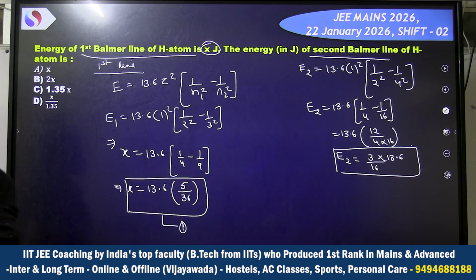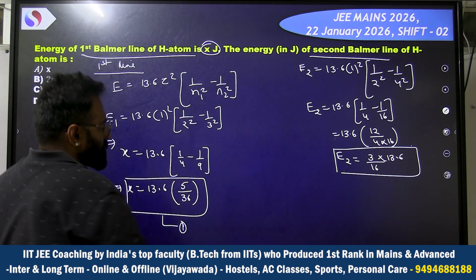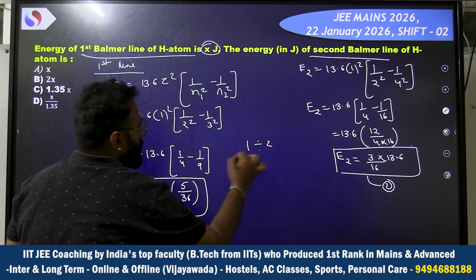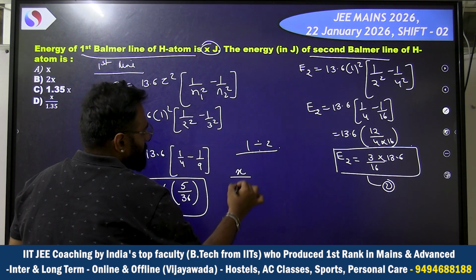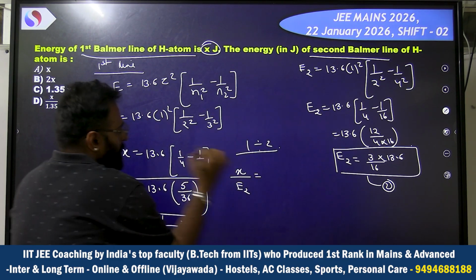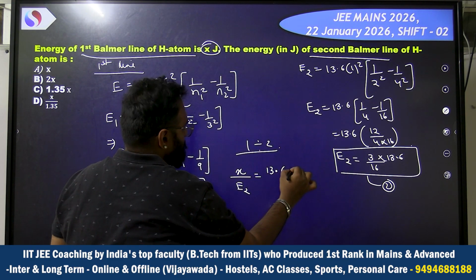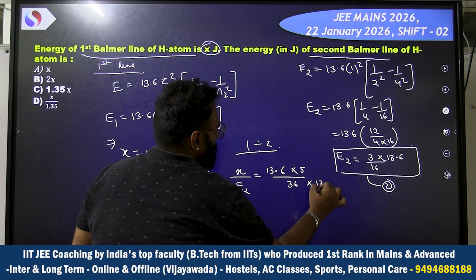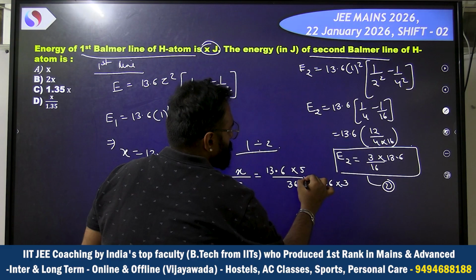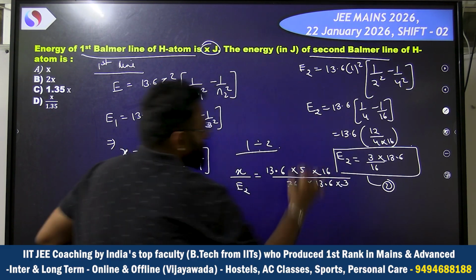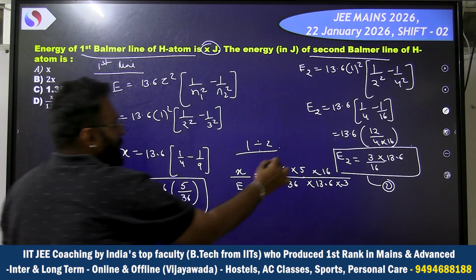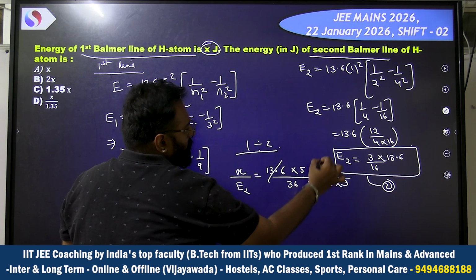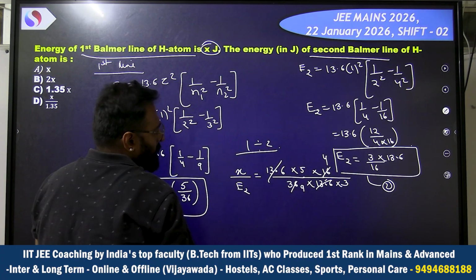Now divide both equations. So X by E2 is equal to 13.6 into 5 by 36 over 13.6 into 3 by 16. So 13.6 gone. I can cut 4 and 9.